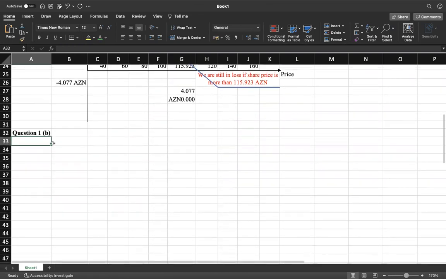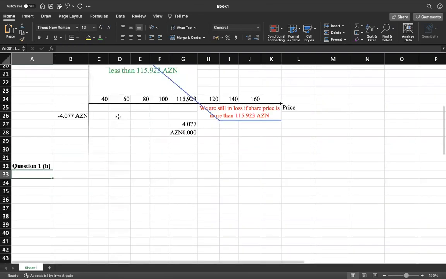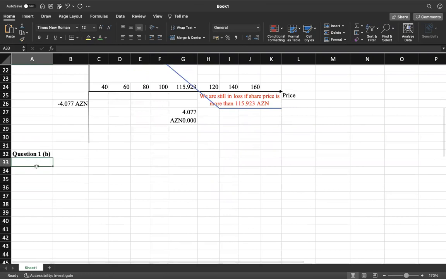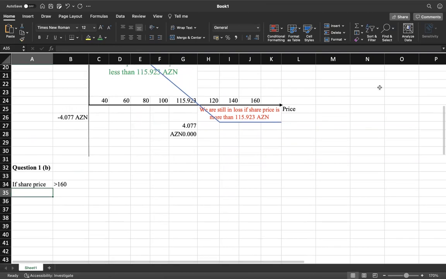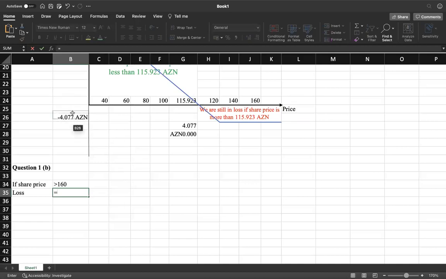B part says, according to the graph, if share price is more than 160, as you see, our loss is equal to the option premium.